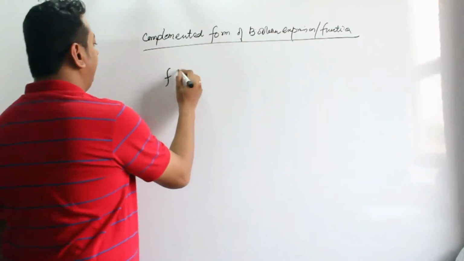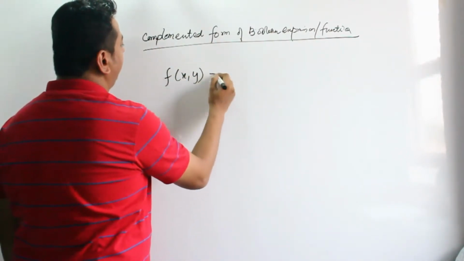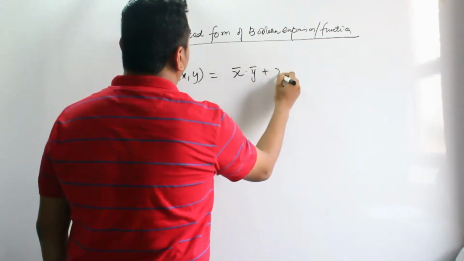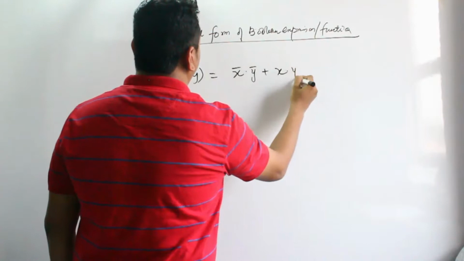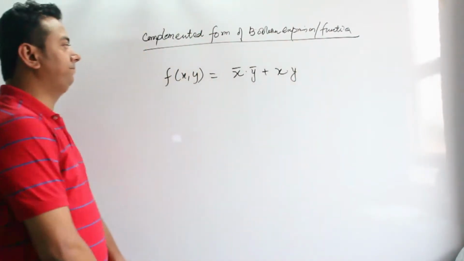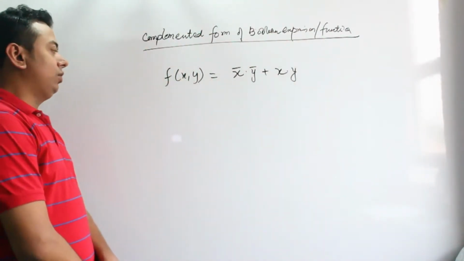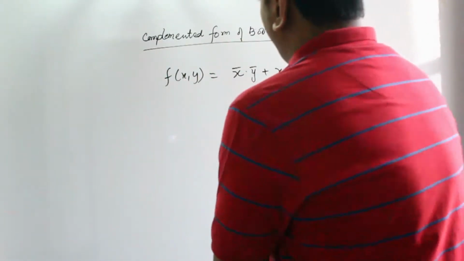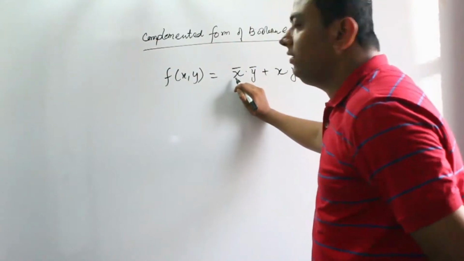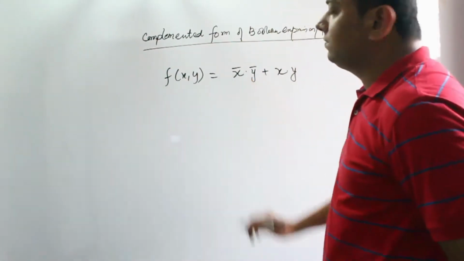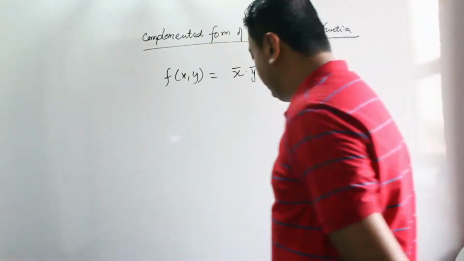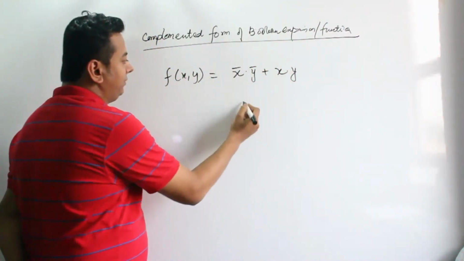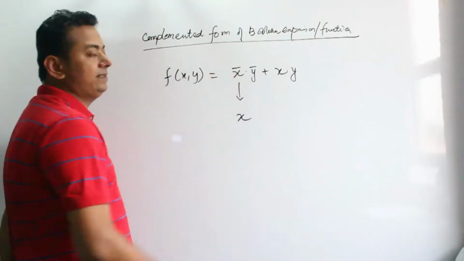So let's say we have F of x and y, x bar, y bar, x, y, right? So in complemented form, what we always do is, if there is a NOT of any variable, just make it true. So this will become x.